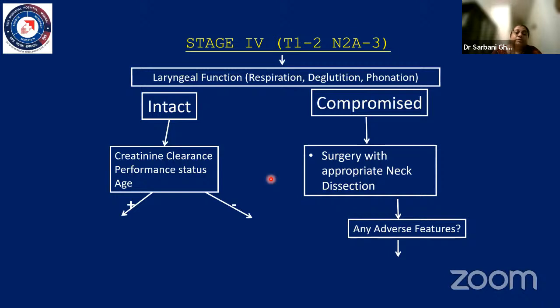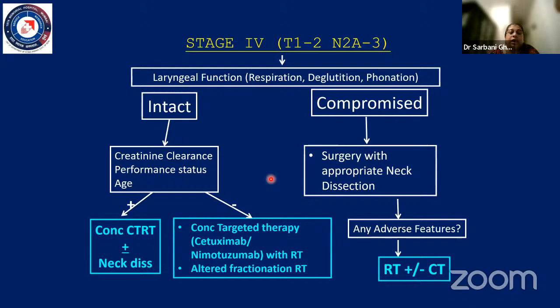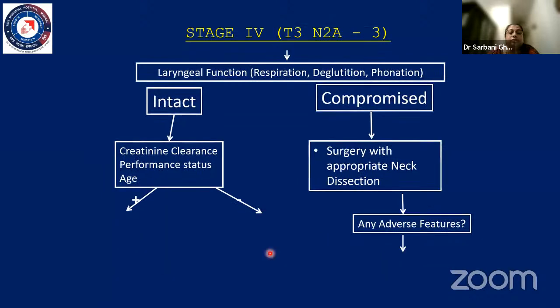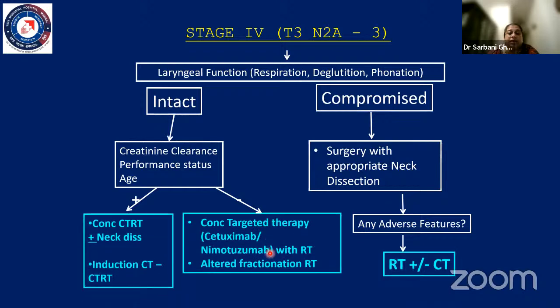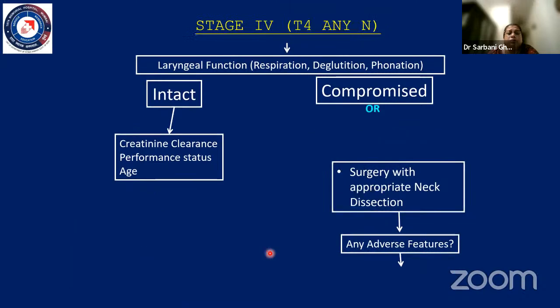But if it is intact, because it is T1, T2, N2A, N3, you may consider organ conservation protocols, and depending upon the same algorithm, you would then consider concurrent CTRT or altered fractionation or concurrent targeted therapy depending on the functional reserve. Now, if the laryngeal function is intact, it's a T3N2A, again there is scope and it follows the same lines. Or there is scope for perhaps using induction chemotherapy, but we won't discuss all that because it won't give us time for discussing the management algorithm.